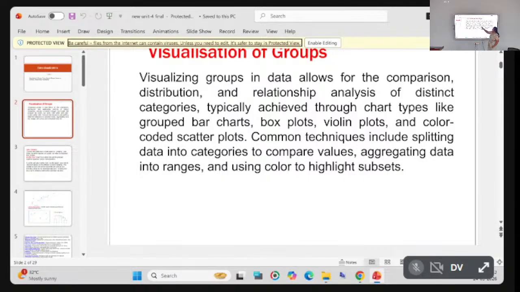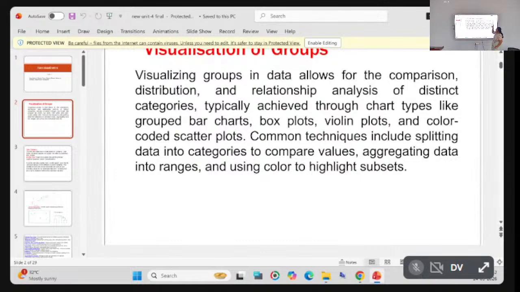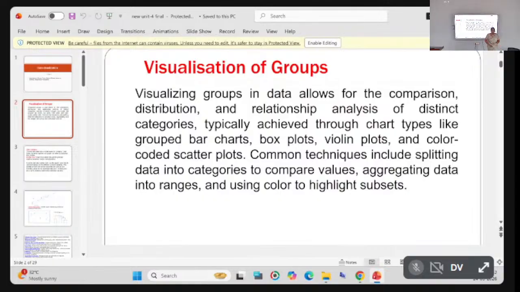Right? So the common techniques include splitting data into different categories, aggregating the data into ranges, and using colors to highlight the subsets. Just write this one: visualization of groups.